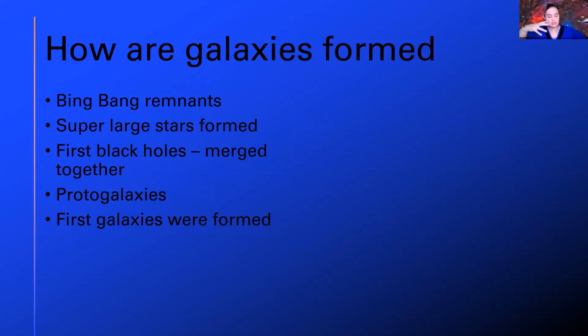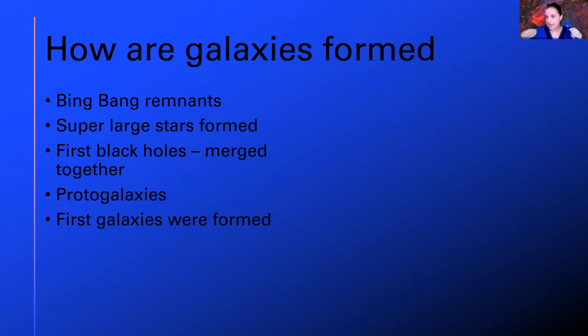And as that material cooled over time, it would start to clump together to create these super large stars. Kind of like how star formation goes within our own galaxy, with dust and material clumping together to create stars, that's what happened with the original universe. Our universe was just initially filled with stars, not galaxies.